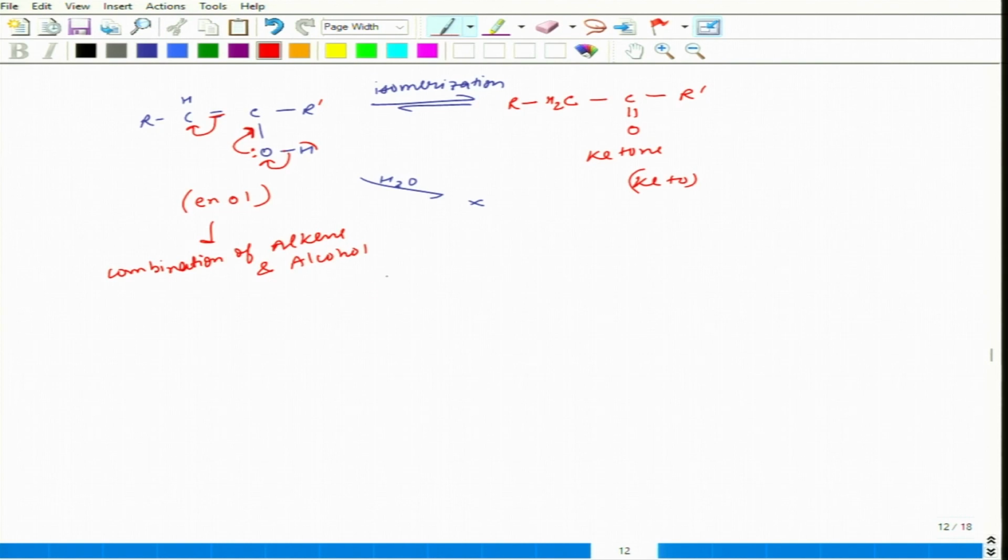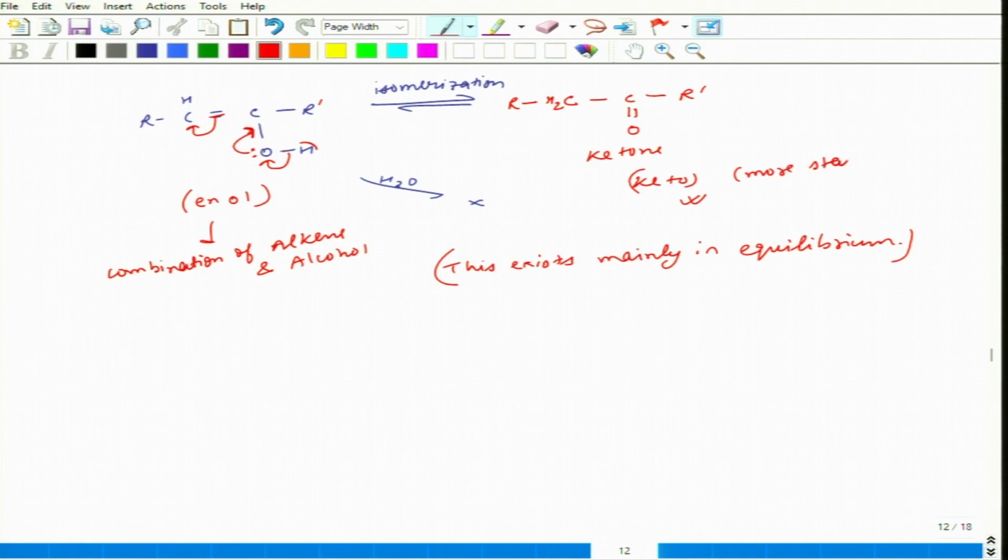This isomerization happens, and this form is more stable. These two forms, keto and enol, exist in equilibrium. However, the keto form is more stable.